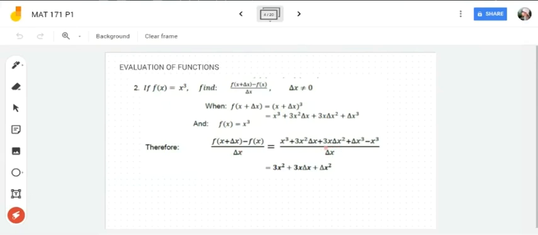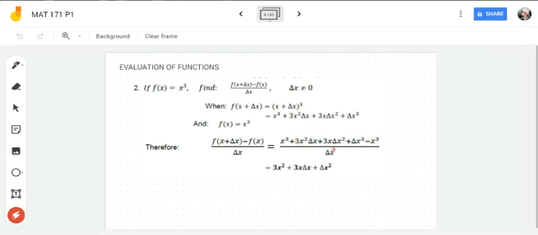And then right now we will be combining the like values, or the same values with the same variable. So if we can see here, we have an x cubed and we have negative x cubed here. So we know that is 1 minus 1, so this is 0, cancel out. So the remaining will be 3x squared delta x plus 3x delta x squared plus delta x cubed.